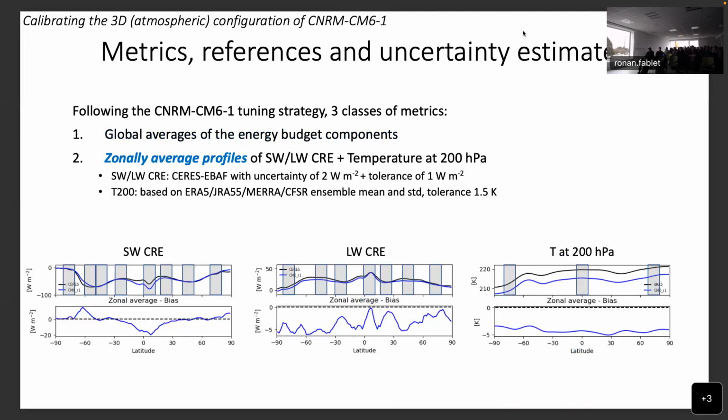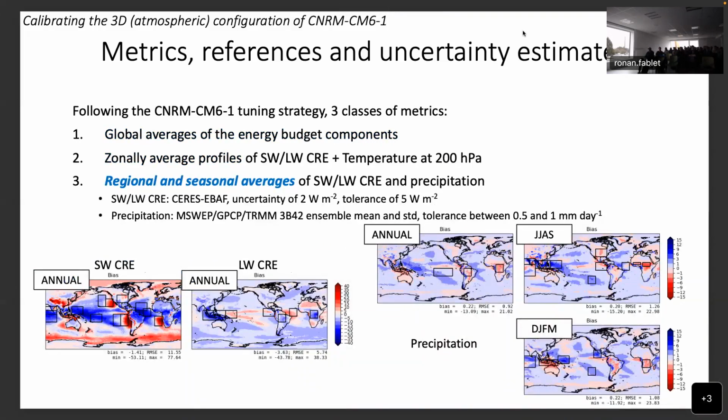So this is the first priority. Then we want to have a zonally averaged profile rather well, because it's important for the large-scale circulation, still for the radiation component, especially clouds, but also for the temperature in the upper troposphere. And then, as a third priority, is to get regional features rather well.